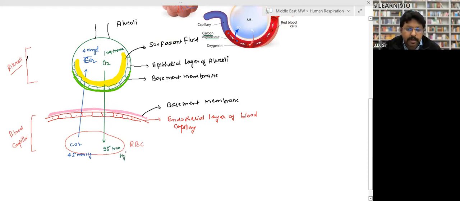We always know gases move from higher pressure to lower pressure. In this way, the diffusion of carbon dioxide takes place from the RBC to the alveoli, and in exchange, oxygen comes from the alveoli to the RBC. That's how the exchange of gases takes place between the alveoli and the blood capillary. Is it clear or not? Please tell me.